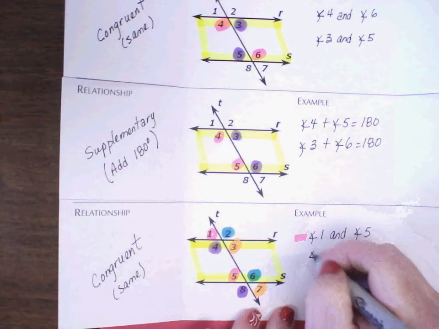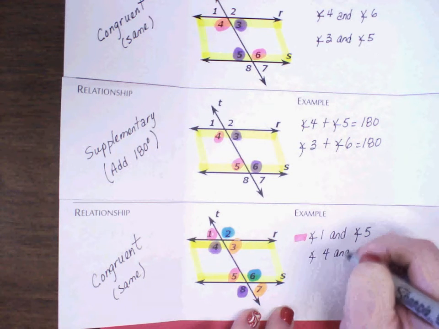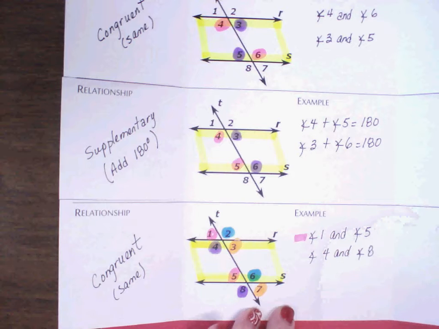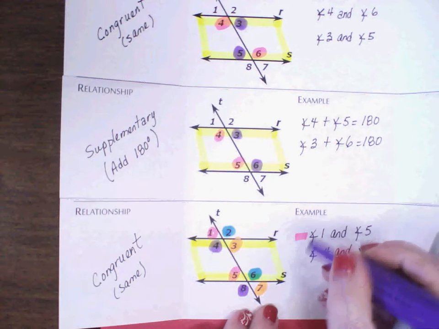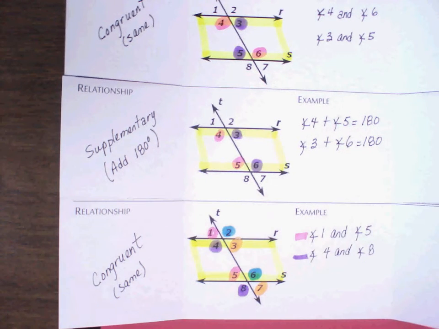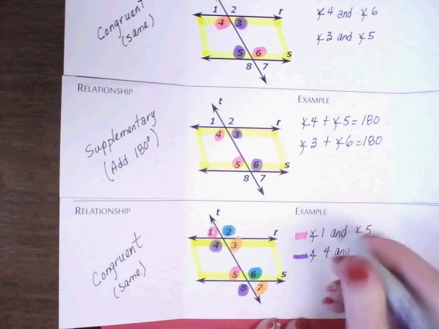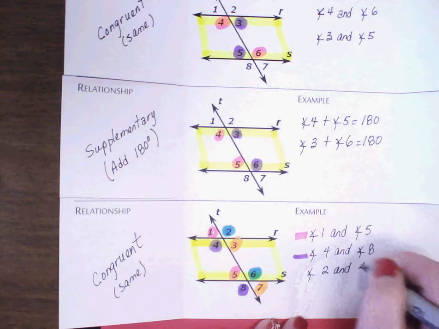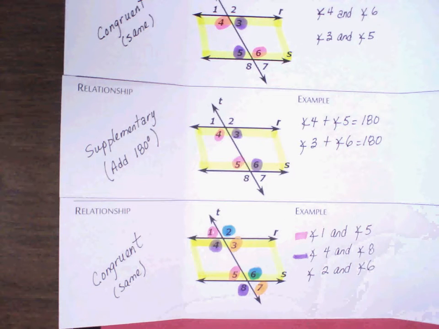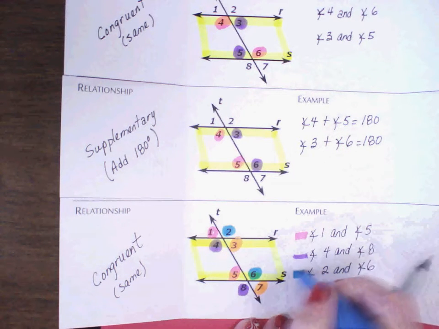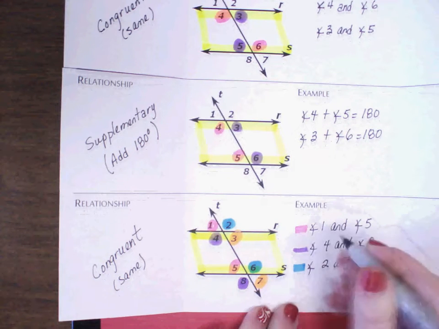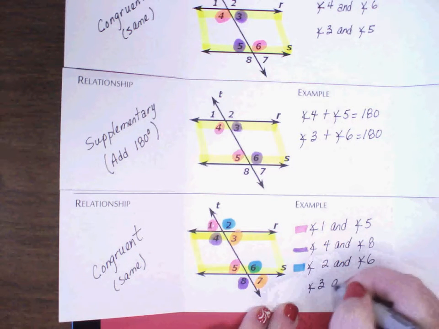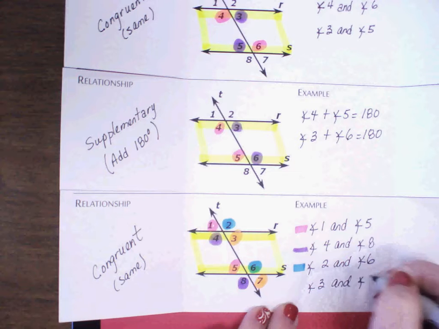Angle 4 and angle 8. Angle 2 and angle 6. Those are my blue ones. And angle 3 and angle 7. And those are my orange ones.